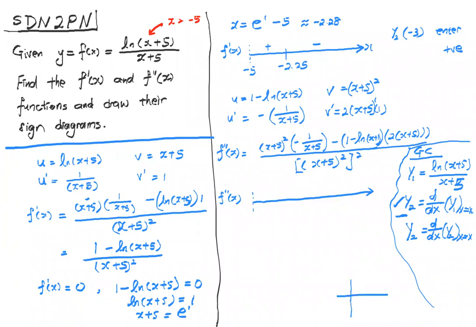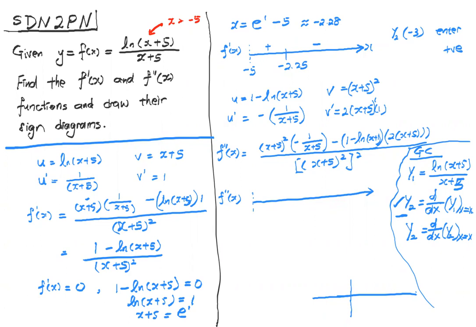I think your f prime x graph will go like that. It cannot be -5. The turning point is at -2 point something. It cuts through, so I think the graph will go like that. Cut at -2 point something, then, sorry, it's supposed to be positive.